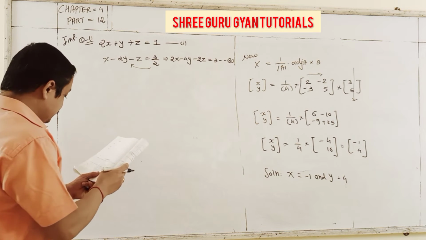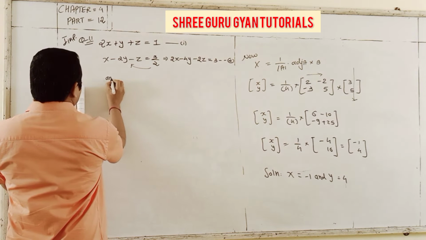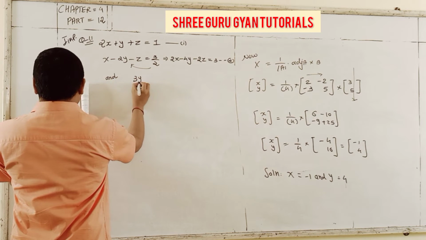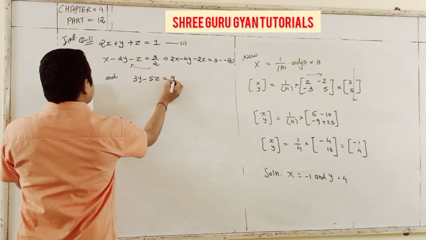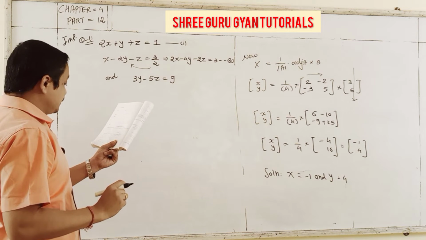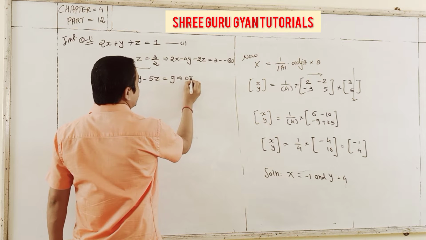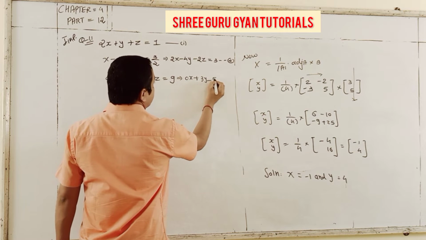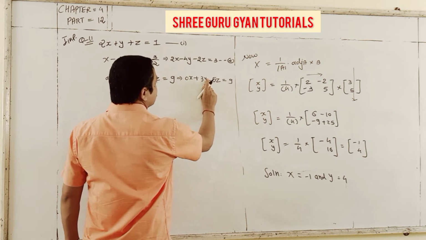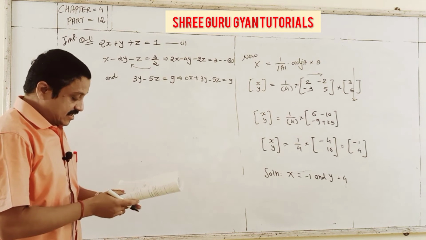And the third one, 3y minus 5z. 3y minus 5z is equal to 9. That I also represent as 0x plus 3y minus 5z is equal to 9. Yes.